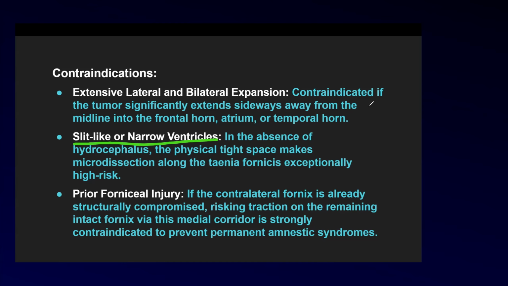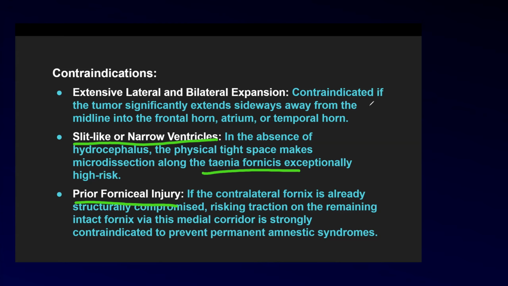So slit-like or narrow ventricles are a contraindication, because when you're dissecting along the tinea fornicis, you can accidentally injure the fornix. Also, if there is prior fornicial injury, or there is already an involvement of fornix due to the pathology, you would not do this, because even though this is a safe approach, it still places the fornix at risk. So if there is prior fornicial injury, you're not going to do it.